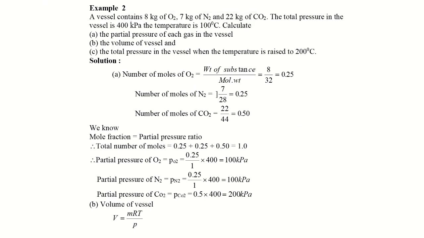A vessel contains 8 kg of oxygen, 7 kg of nitrogen, 22 kg of carbon dioxide. So you can say mass of oxygen is equal to 8 kg.